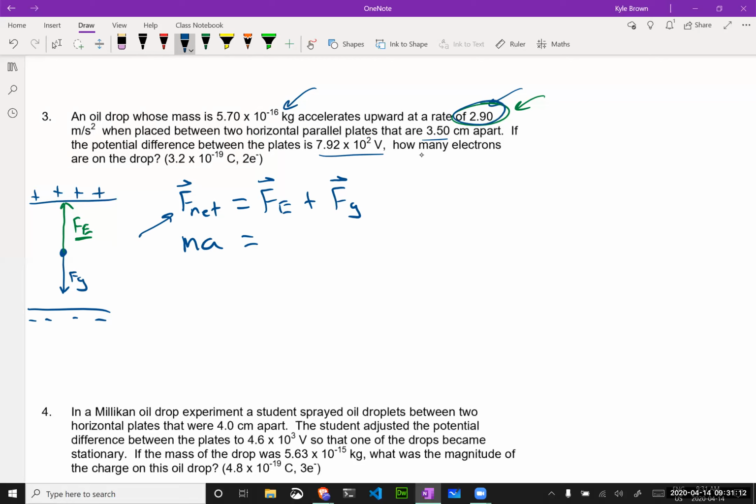Fe is going to be, well, our equation for that is going to be the charge times the field strength. And then the force of gravity is equal to mass times g, or mass times 9.81.